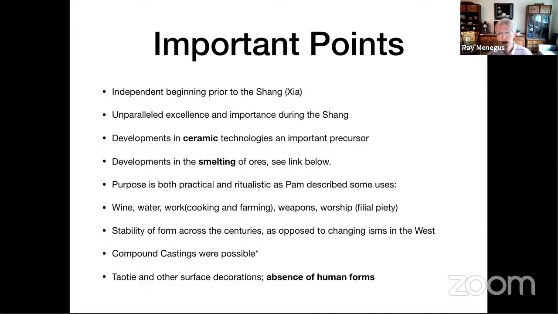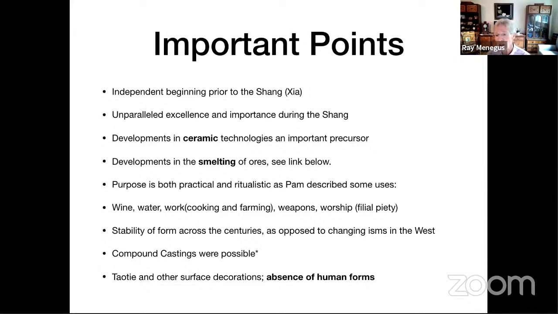Also, they already had to know how to extract pure copper from the copper ores that were very abundant in China. Pam described the practical and ritualistic uses of bronze, and I came up with this alliterative thing that I'm so pleased with. They used it for wine, water, work, weapons, and worship. So they had a lot of uses of their bronze.